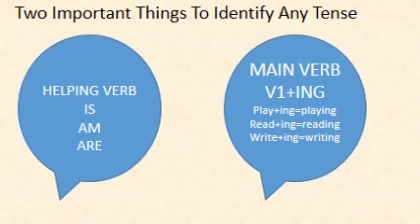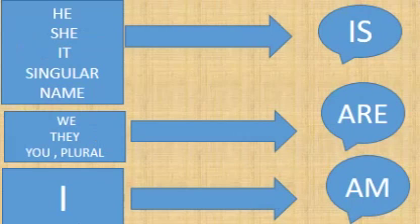identify any tense. So students, in my last slide, I told you about the helping verb and main verb of the present continuous tense. Now in this slide, I am going to tell you where we can use these helping verbs. So, is, am, are. These are the helping verbs which we use in present continuous tense.